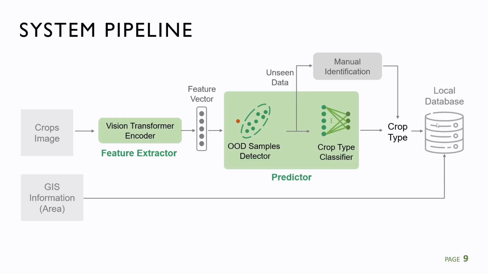It's a manual identification. So still, we need to do something manually to identify the OOD images, because they can be buildings or crops other than these 20 crops we are collecting.